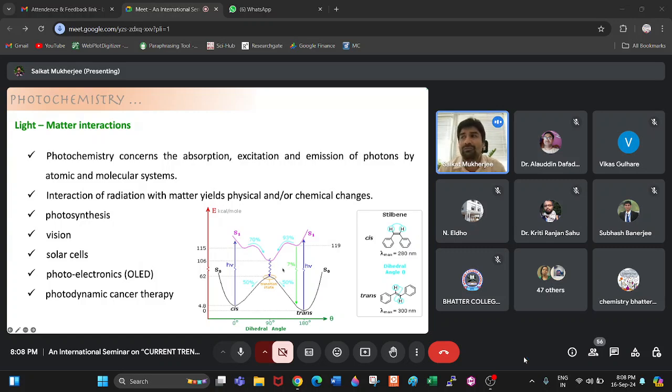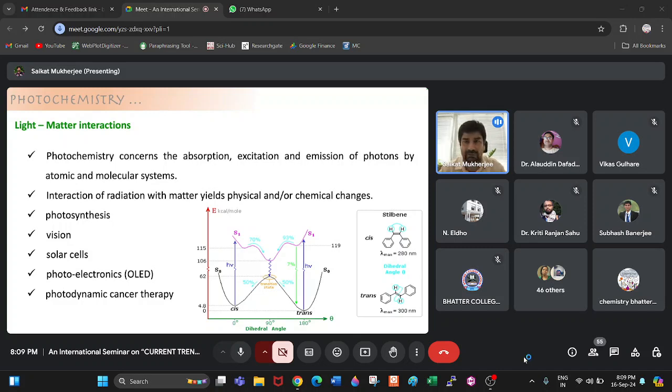So basically, photoisomerization is much more effective in this stilbene case. For this isomerization, the photoactivation is much more effective. So this interaction of radiation, that means light, with your molecule, requires physical and chemical changes.